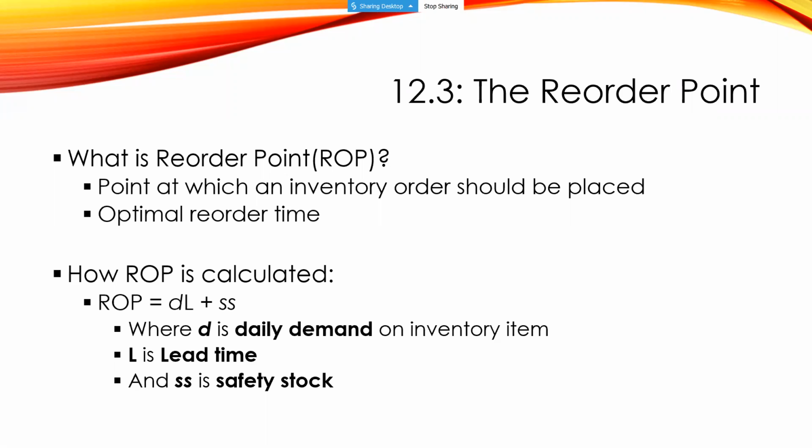How many additional units do we want? Just in case we have a little uptick in demand, SS can be 0 if you want to gamble. Never hurts to order a little bit more than total demand, just in case.